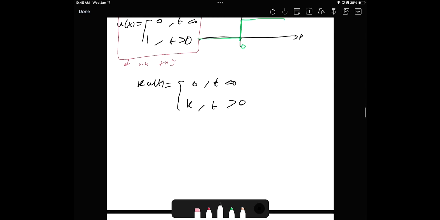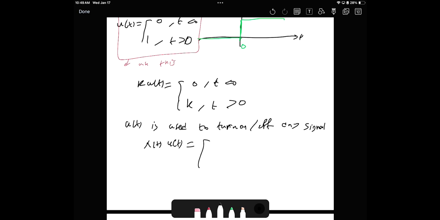Actually, we can use it as a switch. u of t is used to turn on or off any signal. So x of t times u of t equals 0 if t is less than 0, and x of t when t is larger than 0.